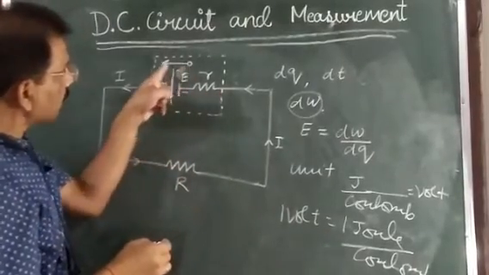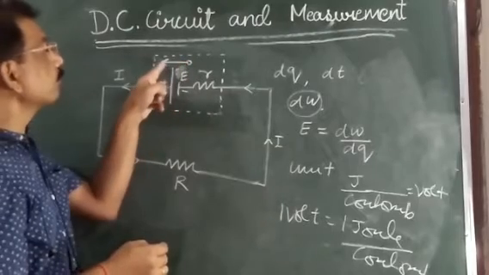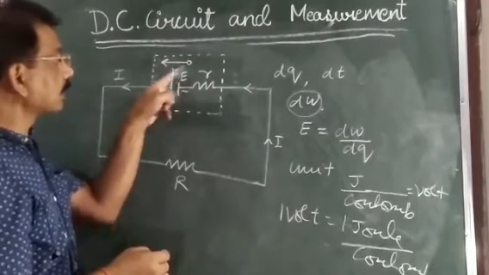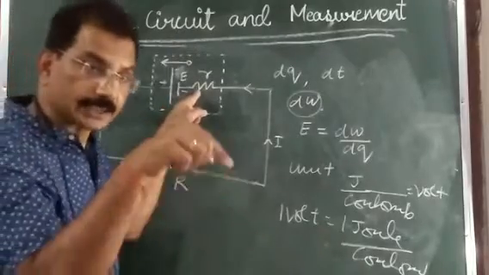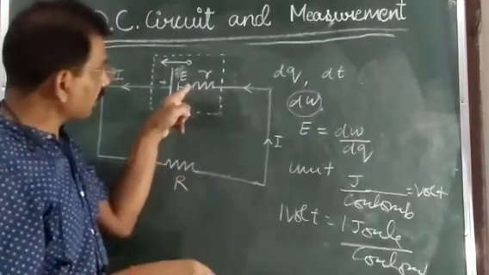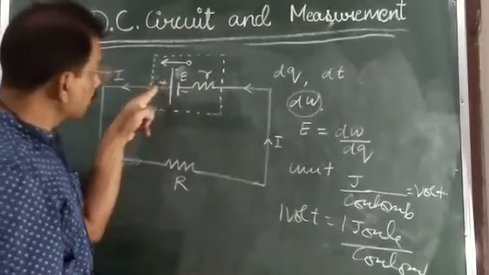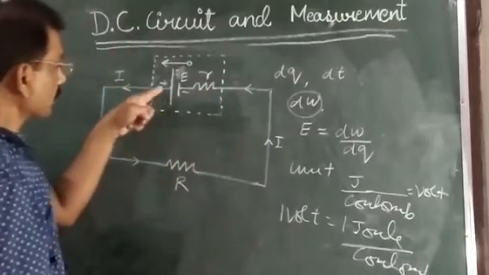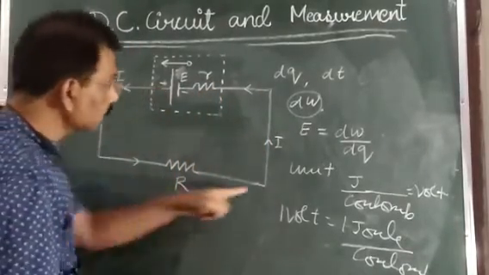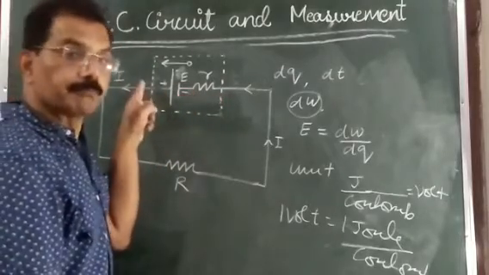The direction of the EMF of a cell is always shown from negative to positive. It means the direction of current inside the cell is from the negative terminal to the positive terminal, while in the outside circuit the direction of current is from positive to negative, but inside the cell from negative to positive.